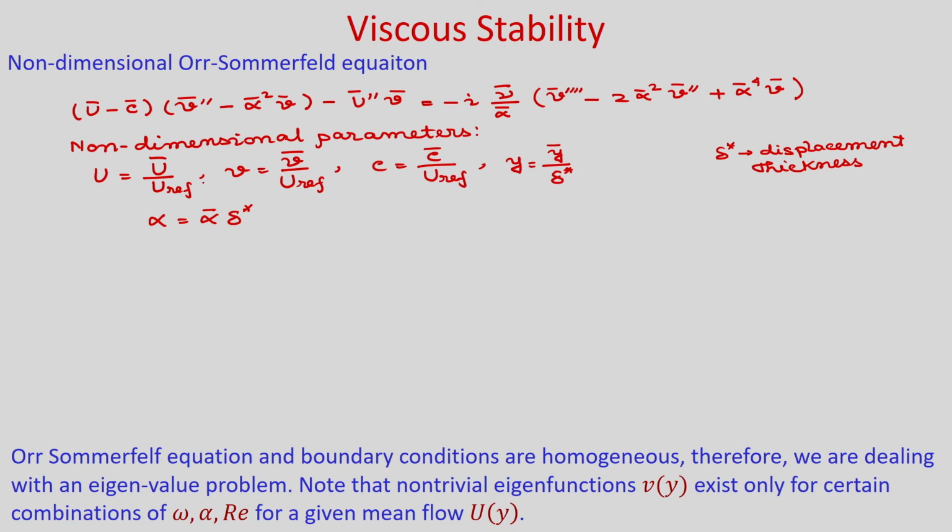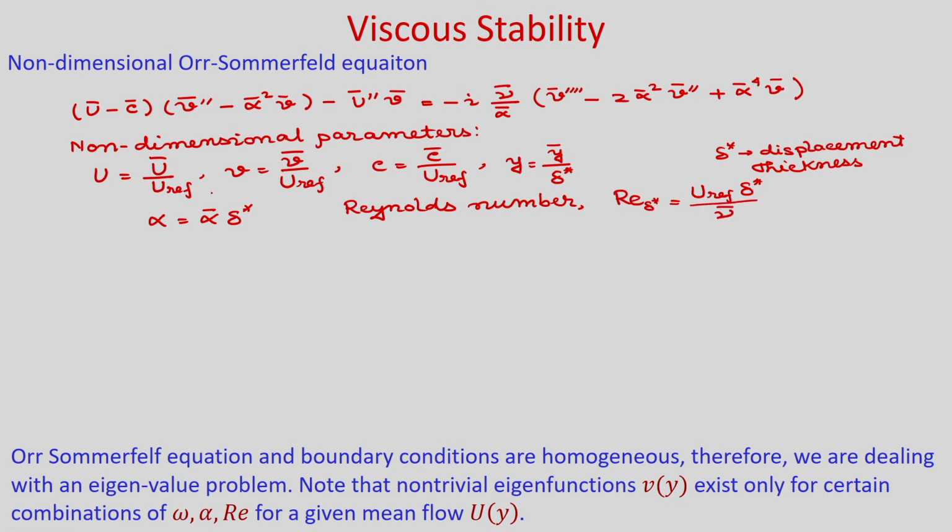So, using this reference velocity and this reference length scale, we will define Reynolds number as Re based on delta star is equal to u reference delta star divided by nu bar.